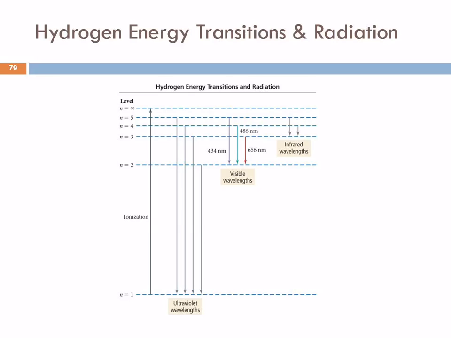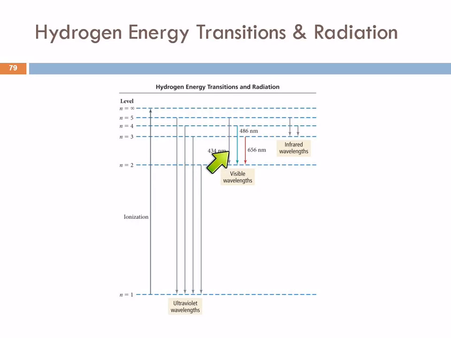So here's a look at the different transitions for hydrogen. If you excite the electrons in hydrogen, we can observe a transition from n equals 5 to n equals 2. That's a bluish purple light with a wavelength of 434. From 4 to 2 gives us a teal color, and from 3 to 2 gives us a red color.